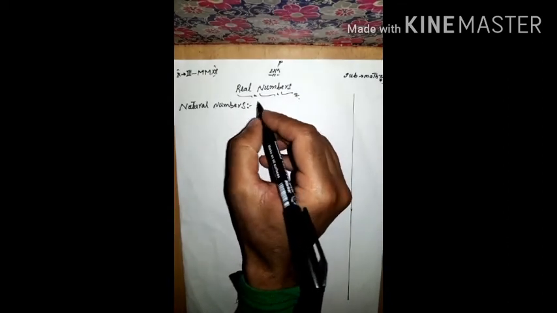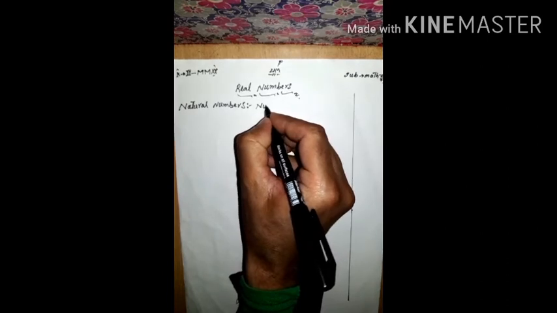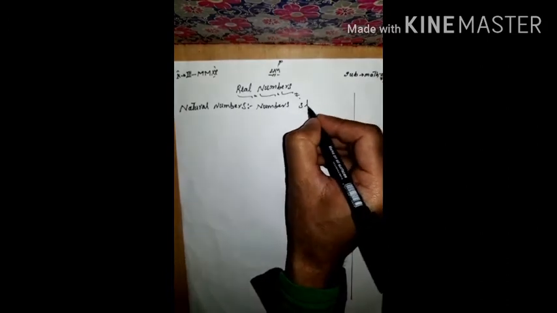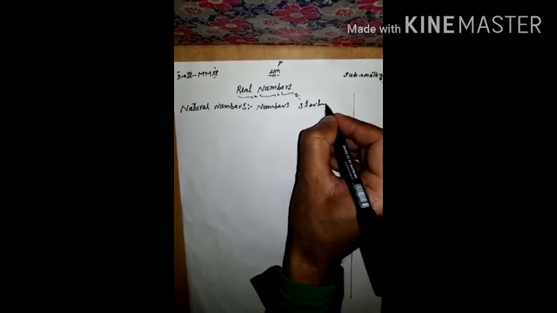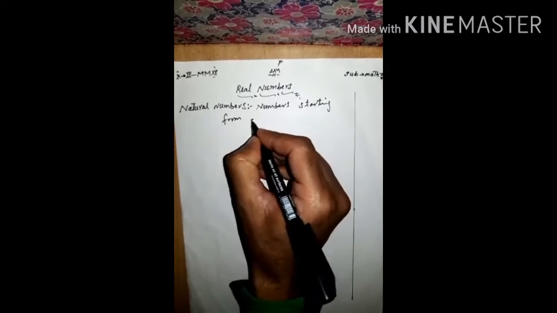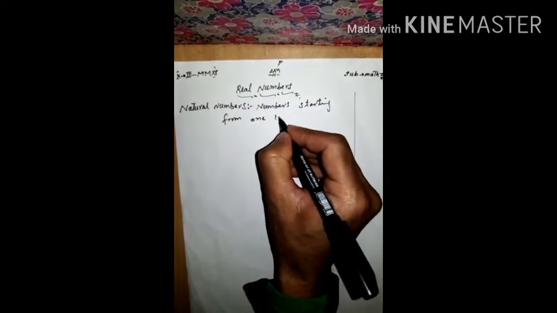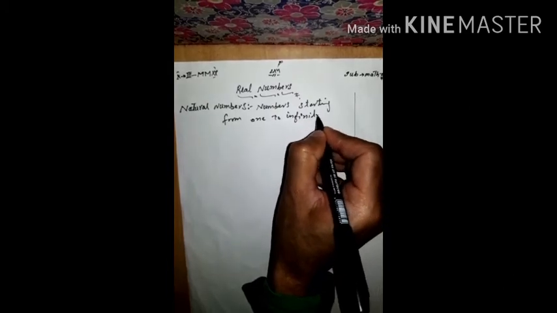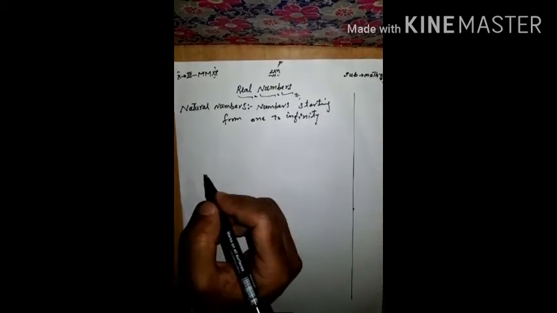Natural numbers, those numbers starting from 1 to infinity are called natural numbers.